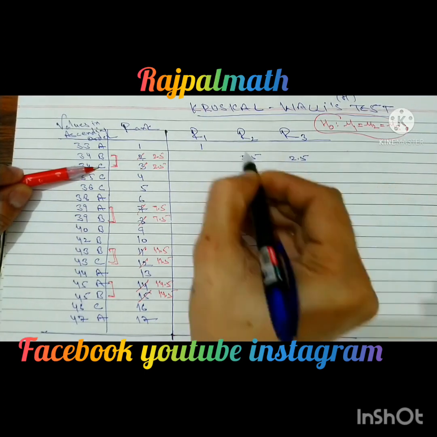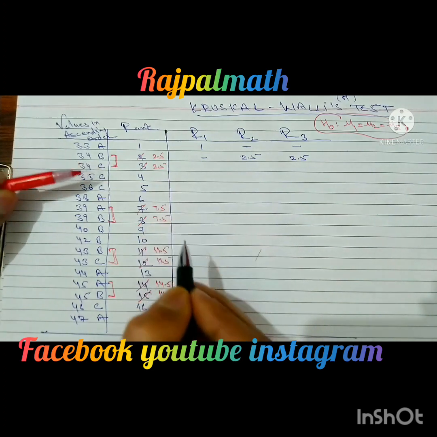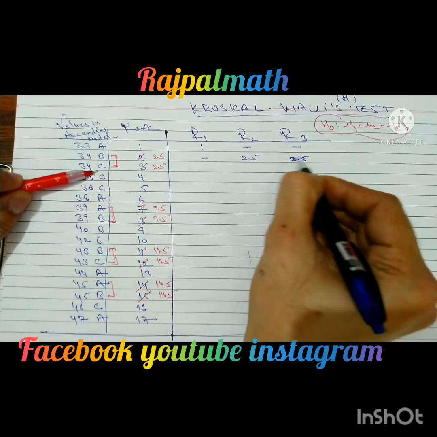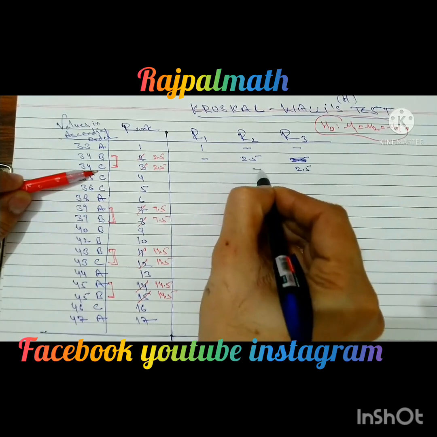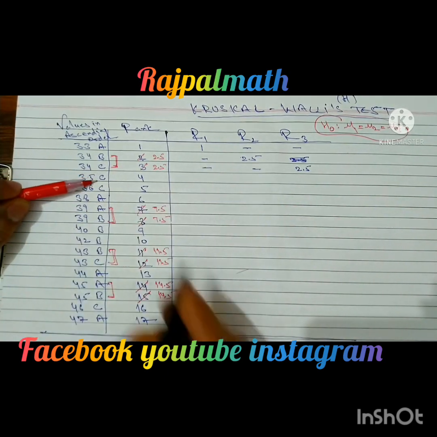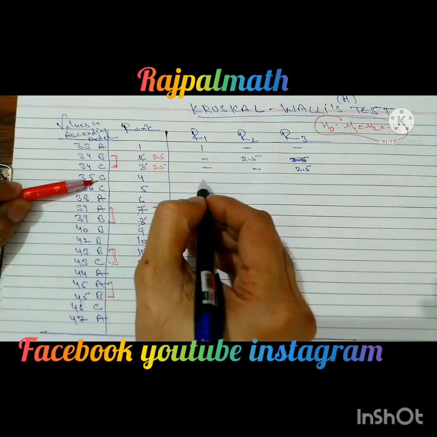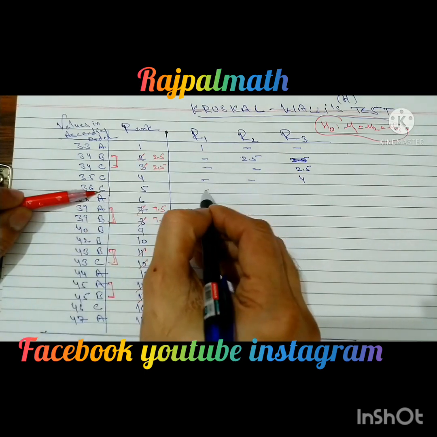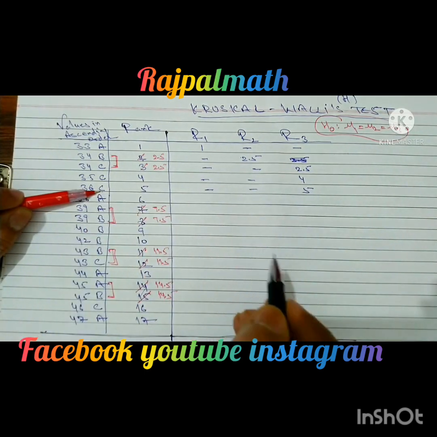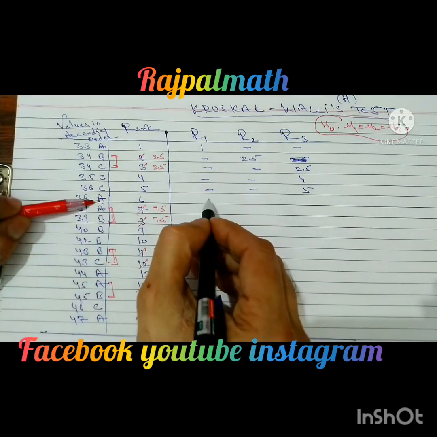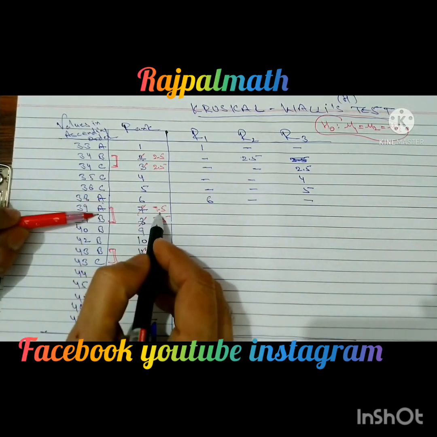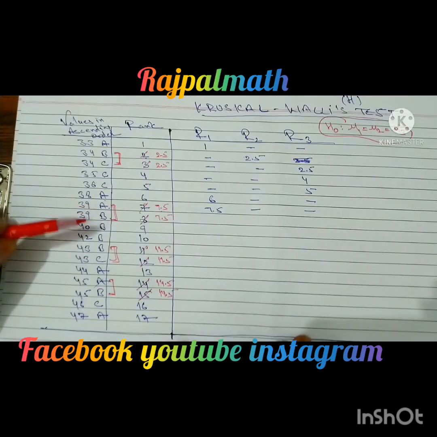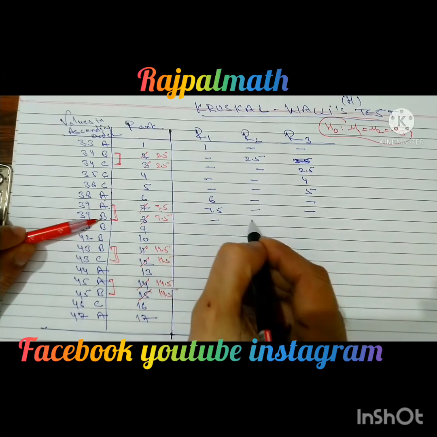Fourth is group C, write 2.5 in the third row. 4 belongs to group C, 5 belongs to group C, 6 belongs to group A, 7.5 from A, again 7.5 from B.